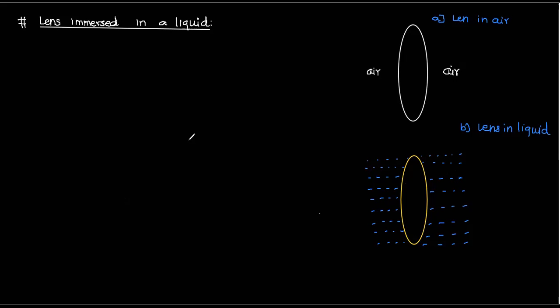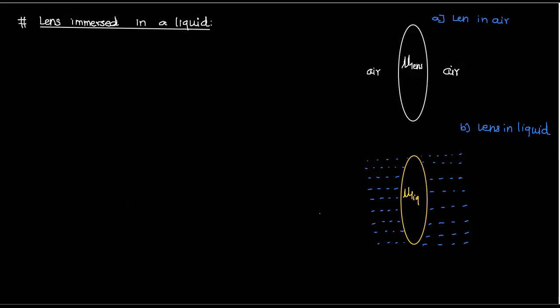Now let's keep the refractive index of this lens as mu lens. So I am writing here mu of lens, and for this we will write mu of liquid. Okay, mu liquid and mu lens. No, here it is lens only.